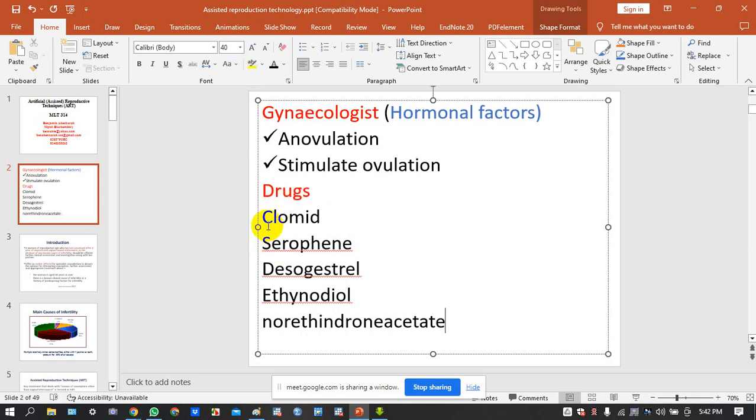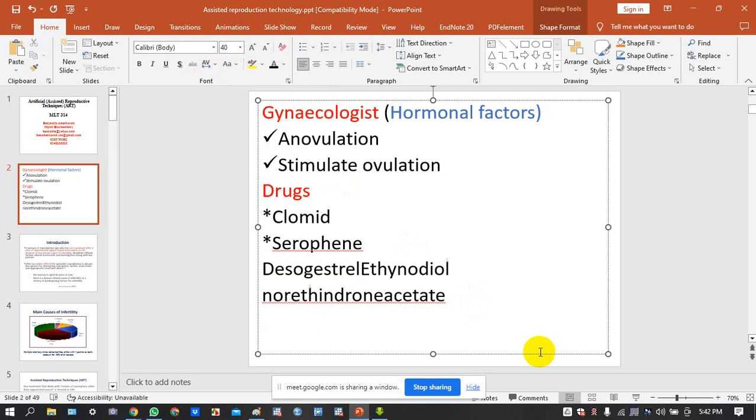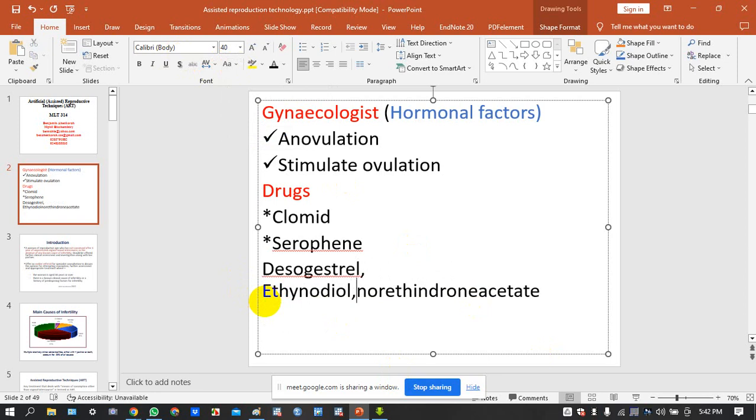The clomid and serophene are not estrogen derivatives. I'm putting estrogen just small. Let me just put them in comma separation. Okay, so these are estrogen.